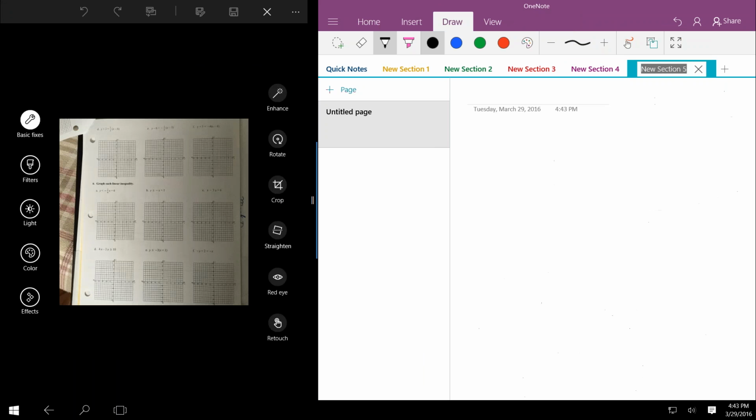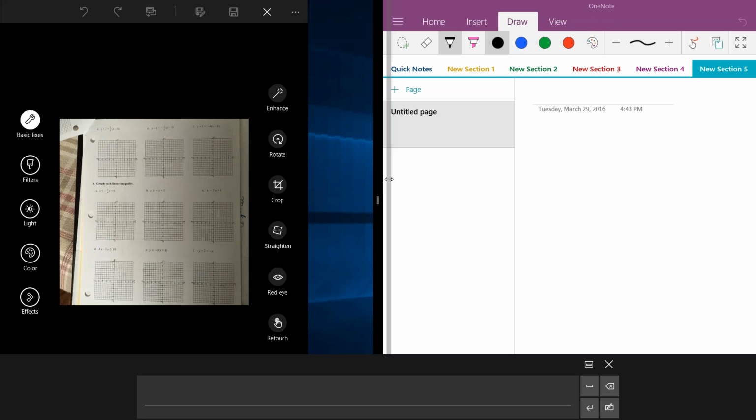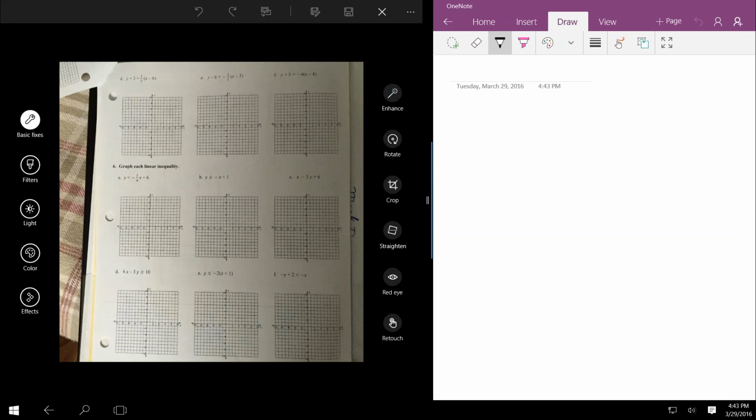Get a new page so we can do a new question. And now I got to move. Must be an easier way to do this. I must not be doing something right. The biggest problem I've had is getting two things on one page.